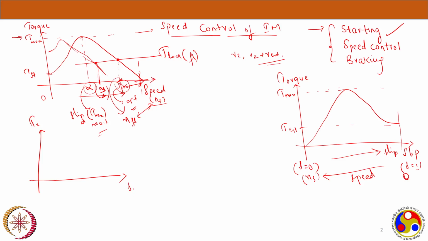This is for a motor of rotor resistance R2. Now what I did was add an external resistance, so my total rotor resistance is R2 plus R external. When I increase the rotor resistance, I see an increase in the starting torque. This is what we observed.